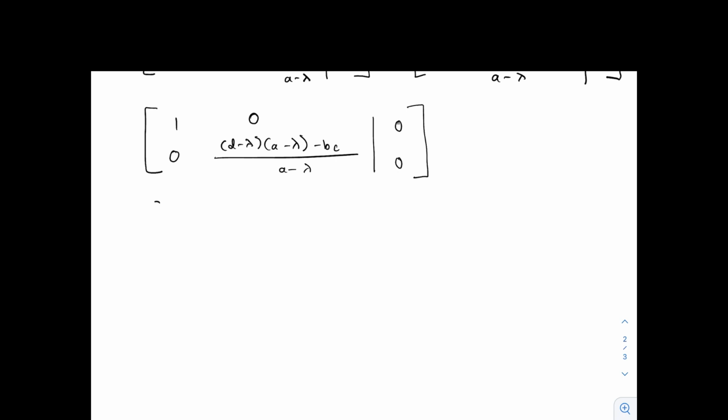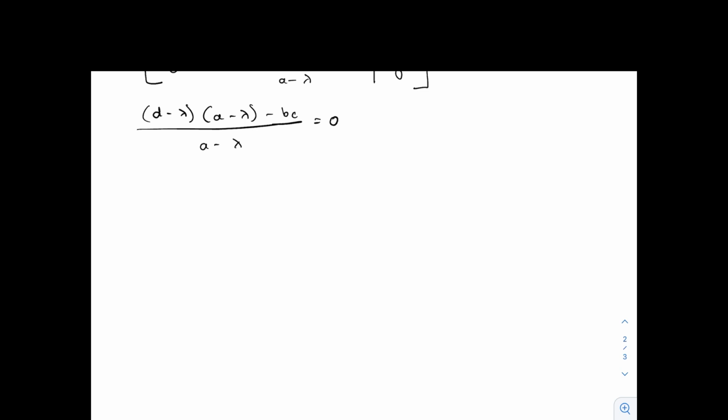So if we consider setting it equal to 0 like this, and solving, or at least rewriting, in the first step we would multiply both sides by A minus lambda, resulting in this relationship here.